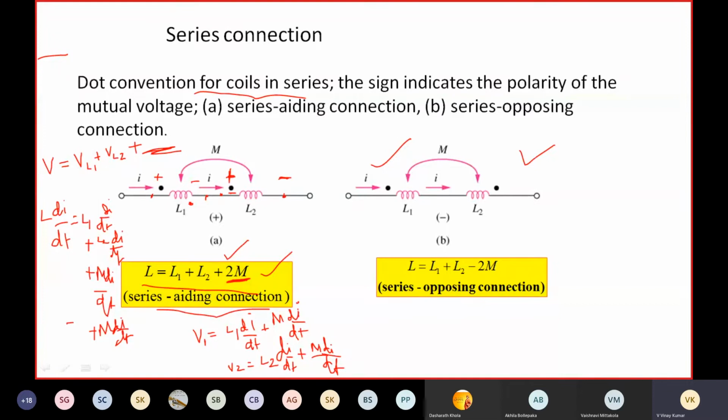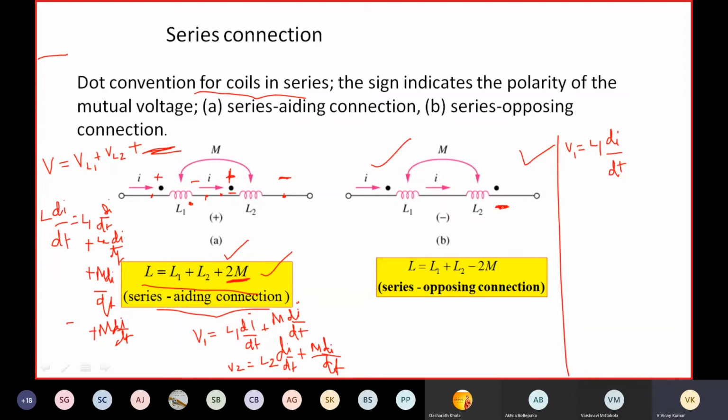Okay, coming to this. Here V1 is equal to L1 di by dt. What is the EMF induced in coil 1 because of the current flowing through coil 2?